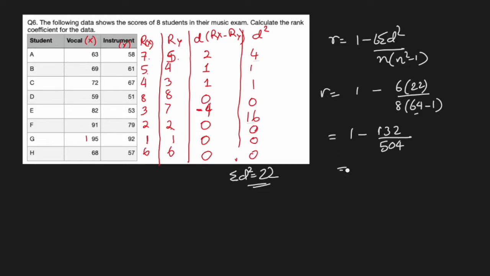Okay, just put this in a calculator, you get your answer. What I'm getting is 0.73809, which we can round off to 0.738 to 3 decimal places.